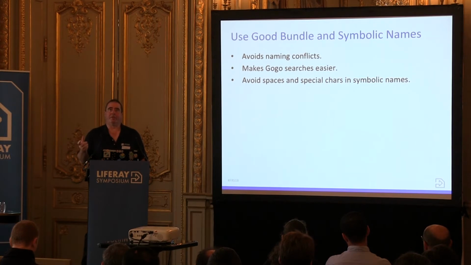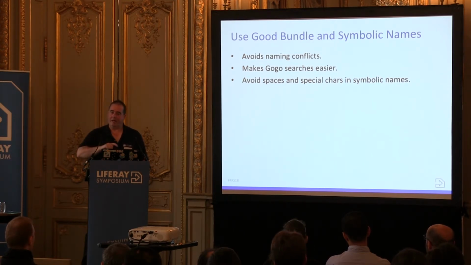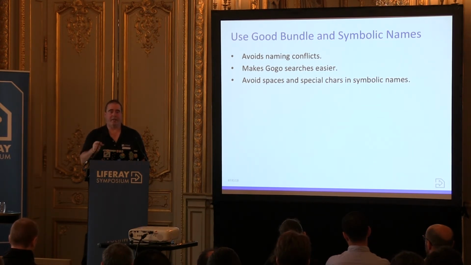So if I'm doing something for AT&T, for example, if I use ATT in my names for my bundles, I can do lb and pipe and grep ATT, and that's going to show me only the bundles that I have created. But that means that I have to make sure when I'm doing my bundles, I'm using good names so I can do that kind of piping and grepping on something that's important to me.